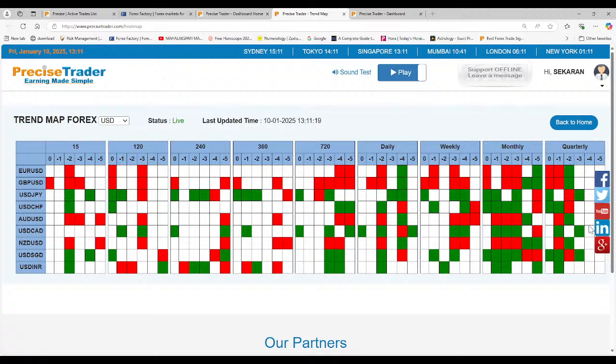You can only see up to quarterly. So more or less I think I've shown you what I'm supposed to, and at the same time I've also discussed the markets with you. I hope you understand how our system works.